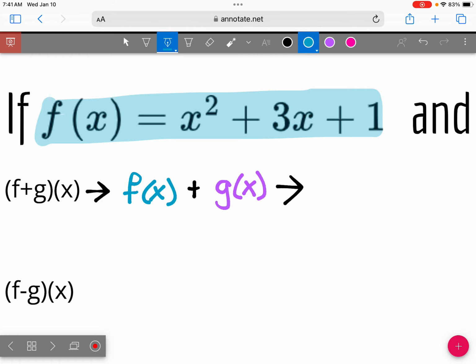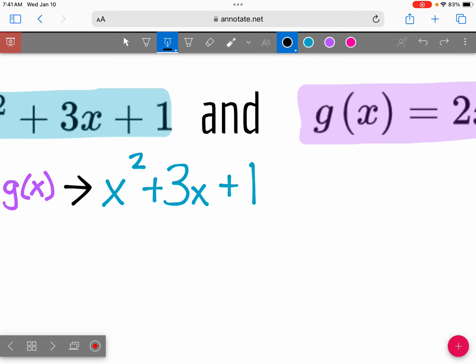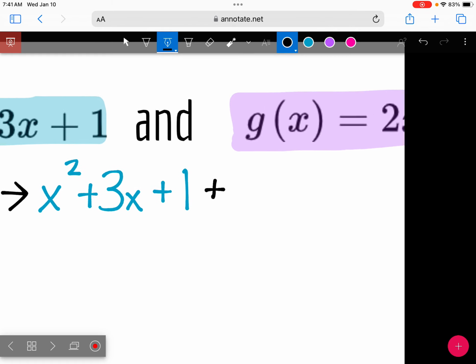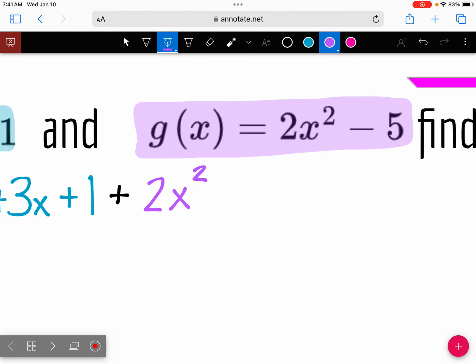So we're going to substitute our values in. x squared plus 3x plus 1 plus my g of x, which is 2x squared minus 5.